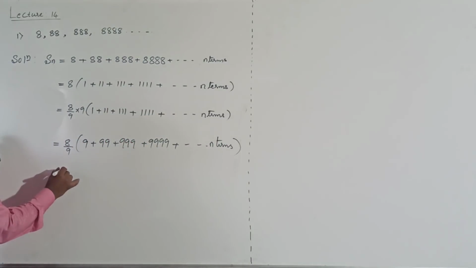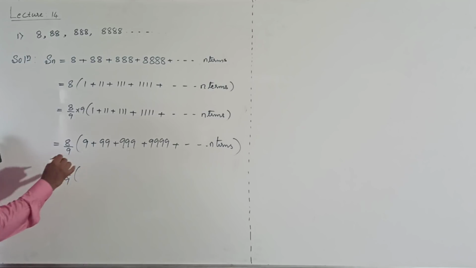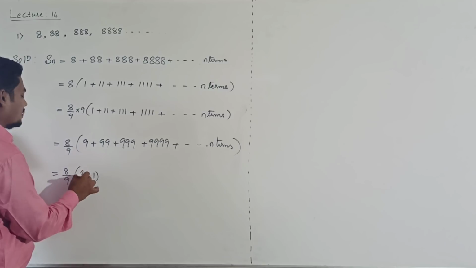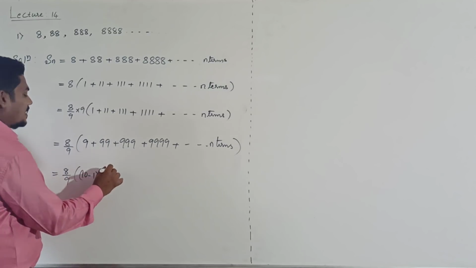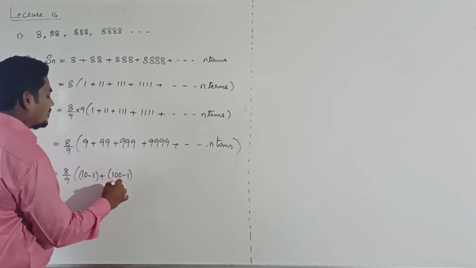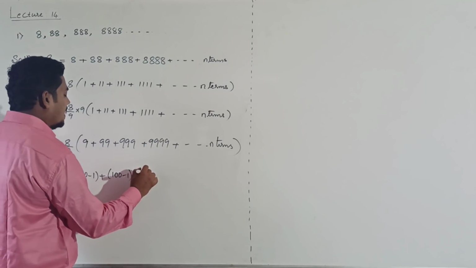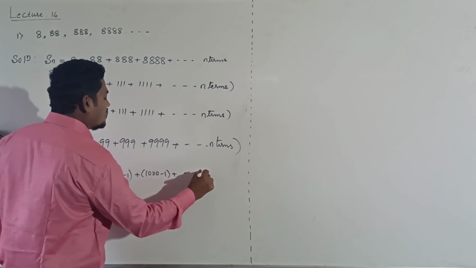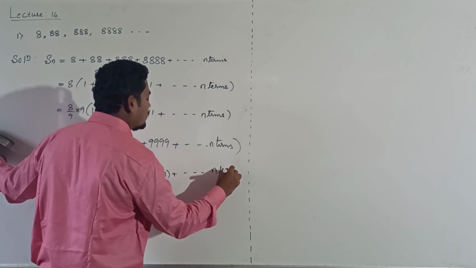Now 8 by 9 remains as it is. I will write 9 as 10 minus 1, plus 99 as 100 minus 1, plus 999 as 1000 minus 1, plus and so on up to n terms.